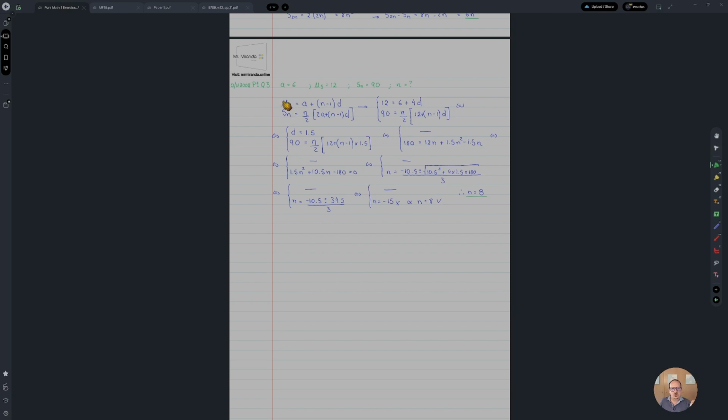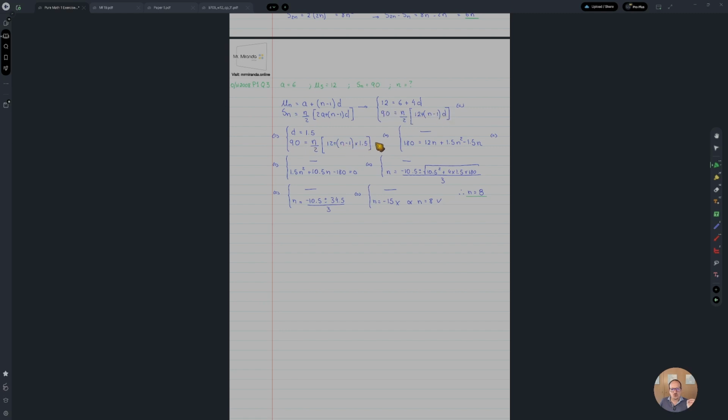So Un is 12 when n equals 5. I substitute the correct values over here. This is going to be one of the equations, which will allow me to get directly the value of d, which I then can plug in on this equation for the sum of the first n terms, and I know that this is going to be 90.